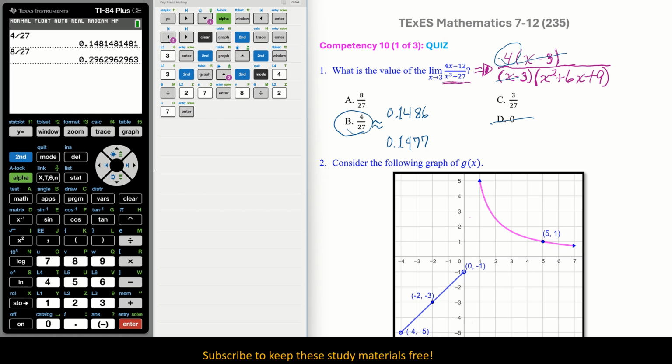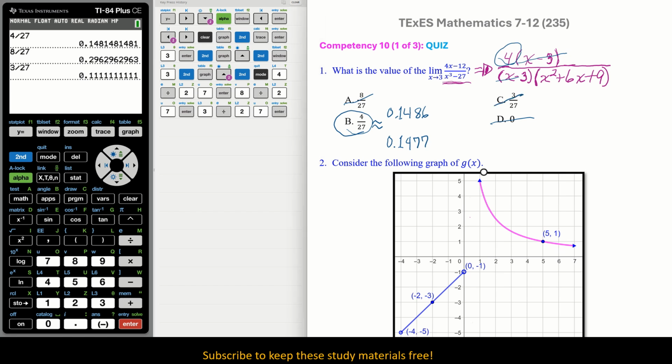Okay, so that's not going to work. And 3 divided by 27 is a value that's too small. Okay, so what we needed was this value here, we'll squeeze in there very nicely. Okay, so we know our option is correct.